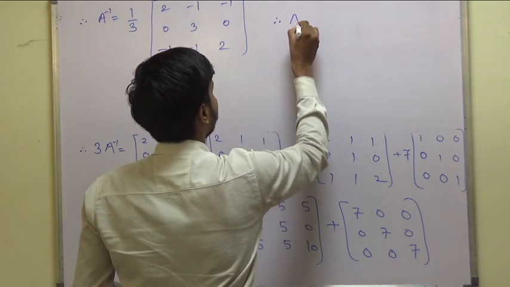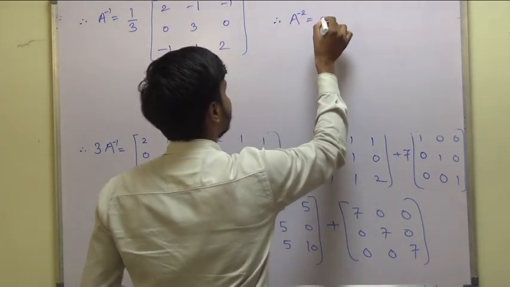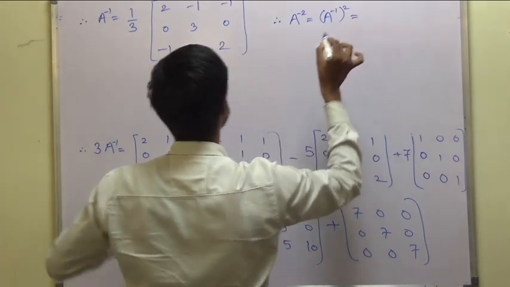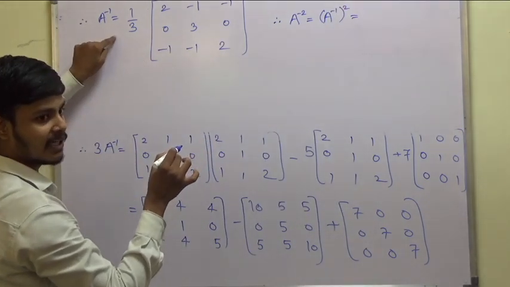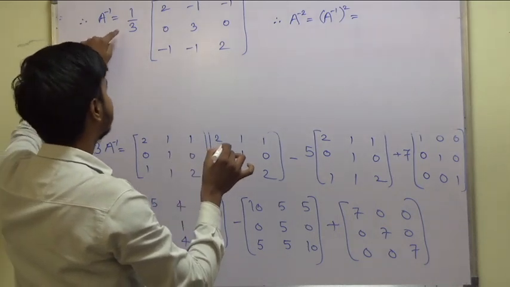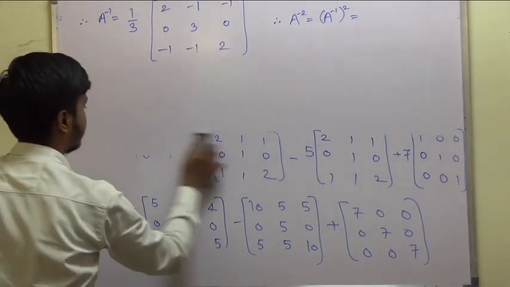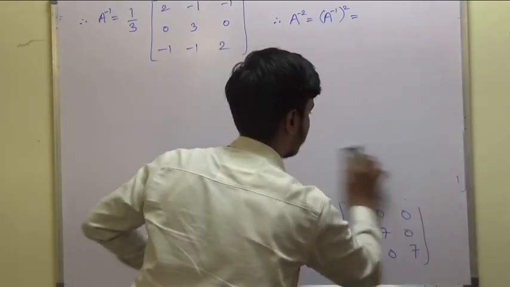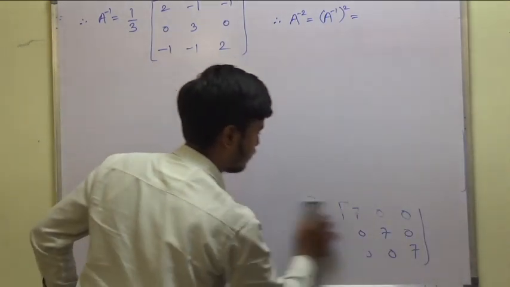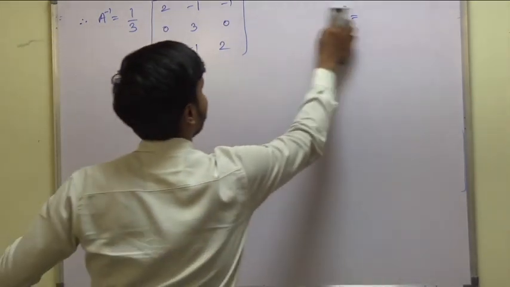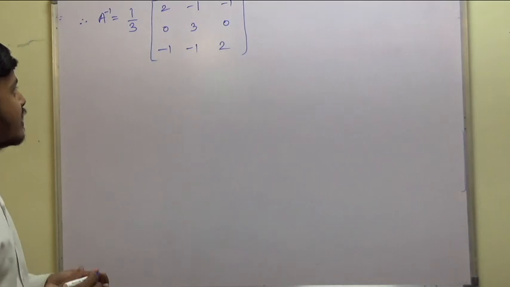Therefore, A power minus 2 is A inverse square. So just take a square of it. Okay. So what is it? So let me write this in the next line to make it more clear.